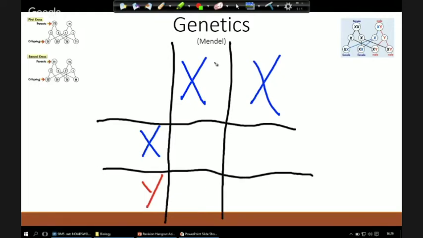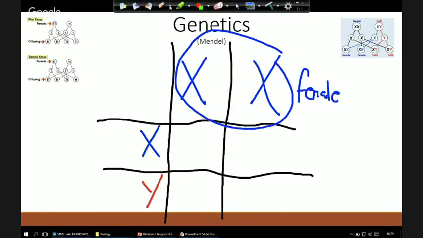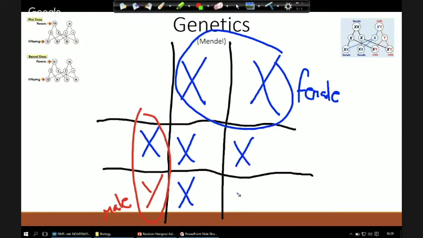So in this particular case, at the top here, I've drawn my female running along here. And down the side, running vertically, I've drawn the male. So when we cross them, I go down my female X, down my female X, and on this column, down the female X, down the female X, and there we go across.